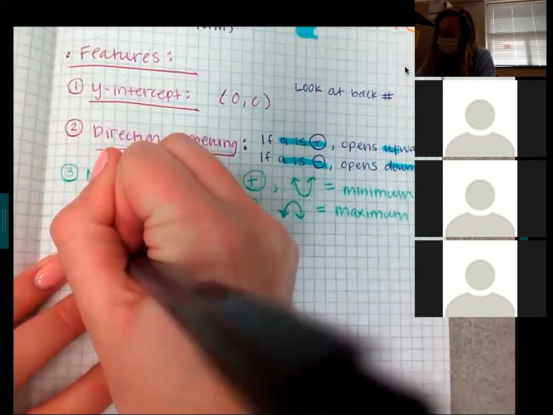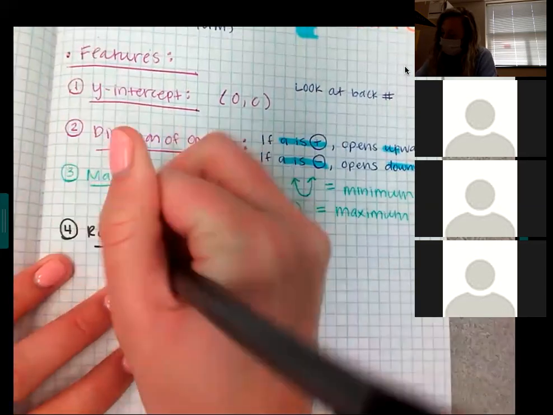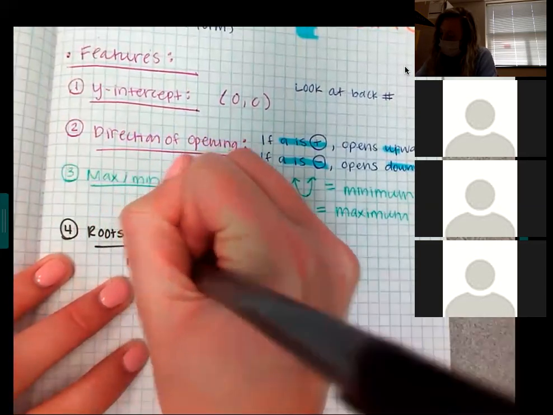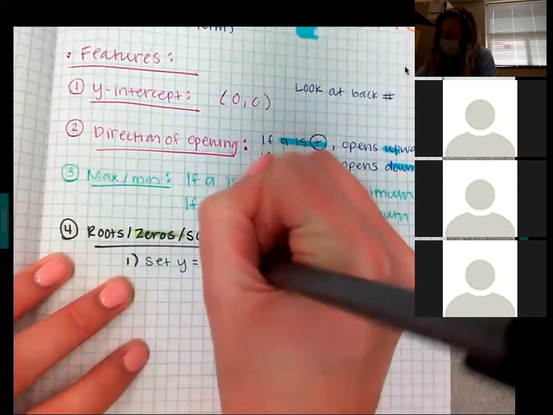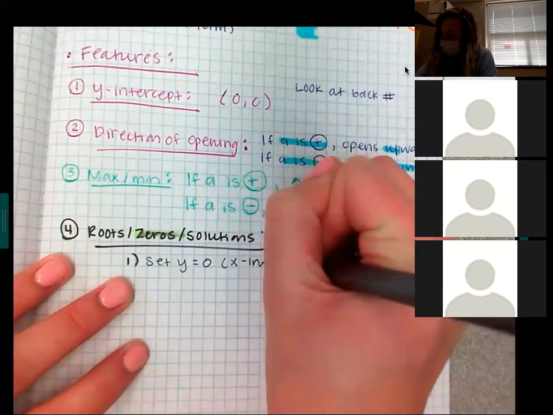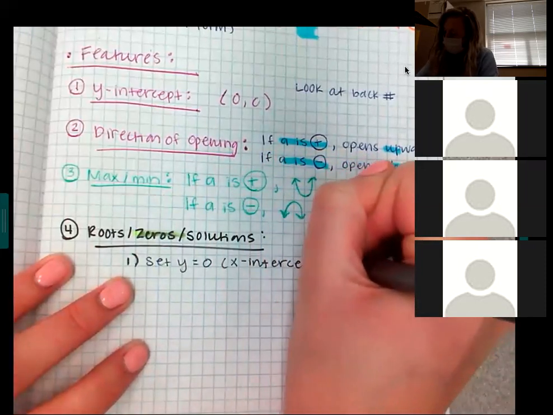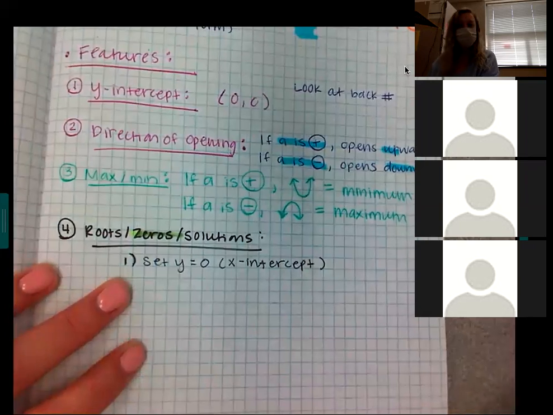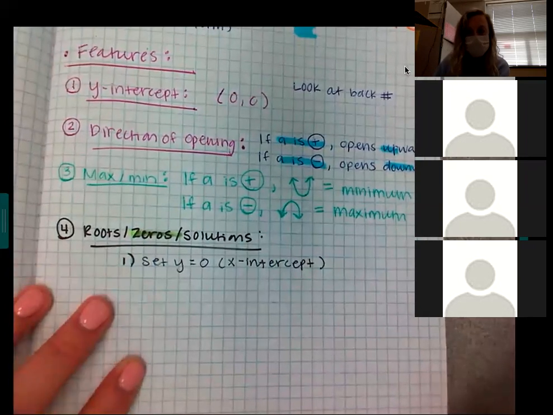The first thing you're going to do is set y equal to 0 because that would mean it's an x-intercept, right? That's what y'all just told me. Okay, Jaden's nodding yes.